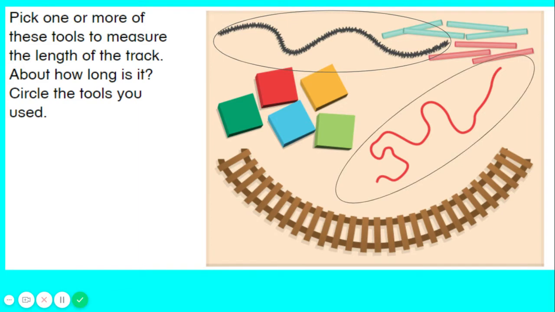I would choose those tools because the track is curved. It is not straight. So in order for me to get an accurate measurement, I would have to choose some tools that could curve and that I could straighten back out. So I would choose the pipe cleaner and the string.